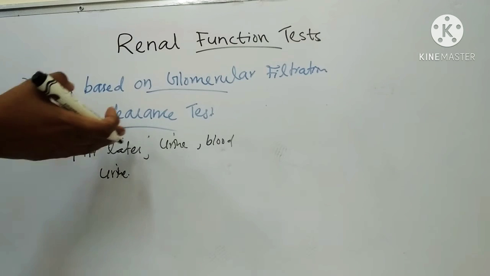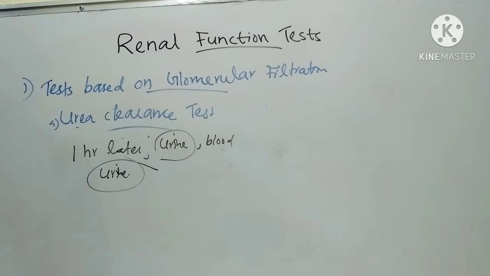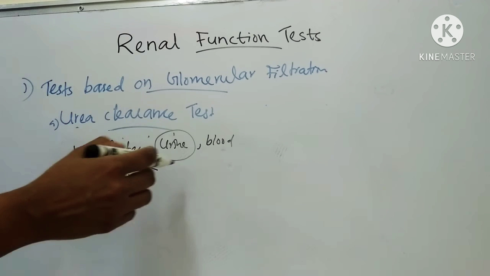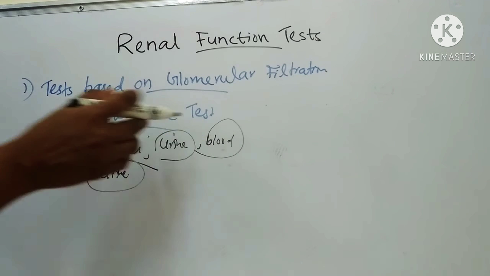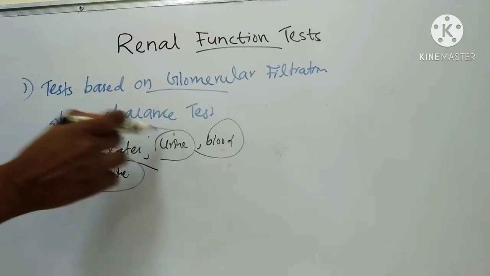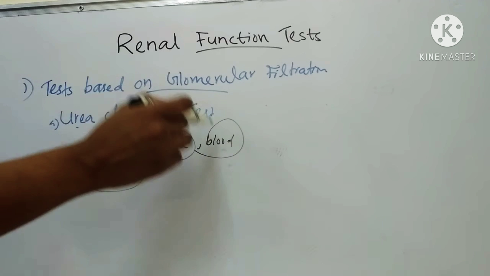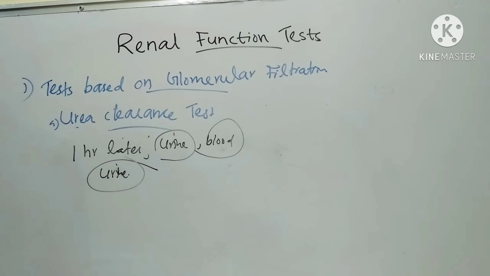The volume of each specimen of urine is measured, and the concentration of urea in the blood and in urine is determined.